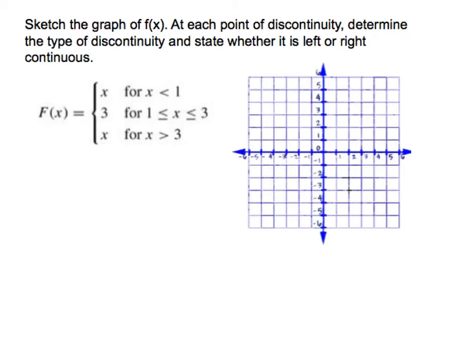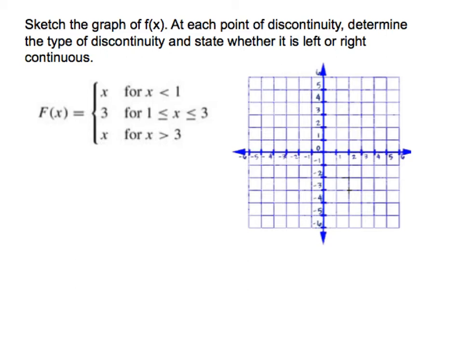Okay. So now, I'm asking you to sketch a graph of f. At each point of discontinuity, determine the type of discontinuity and state whether it is left or right continuous. So we're looking at a piecewise function, right? You graph each piece and its domain separately, and then we're going to evaluate discontinuities. The first part of the function is x, which is just a line, slope of 1, and we're graphing this for values less than 1.